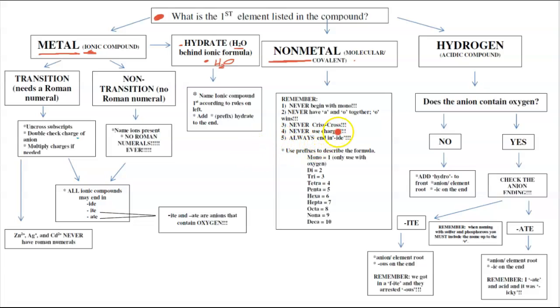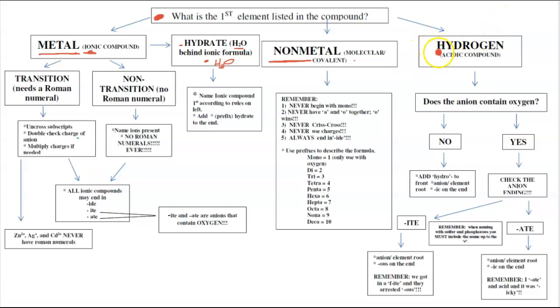Okay, remember that we only use mono with oxygen, and only if it's listed second. We never start a compound with mono. Remember that we don't use charges, we don't crisscross. All we do is write the formula using the prefixes to tell how many atoms of each element there are.